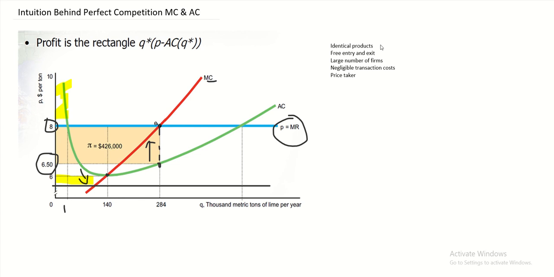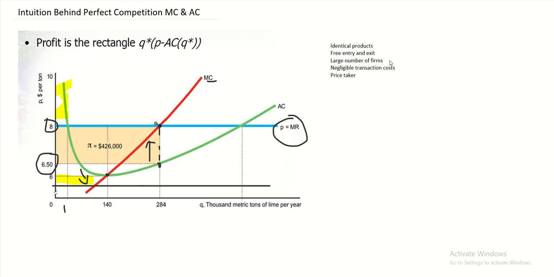The apples in one grocery store will be basically the same as the apples in another, or any agricultural commodity you could think of. Free entry and exit means there's basically no licensing requirement, which is clearly not true in the real world, but as the assumption goes, the firm can easily enter or leave depending on how they're feeling about the price and market.